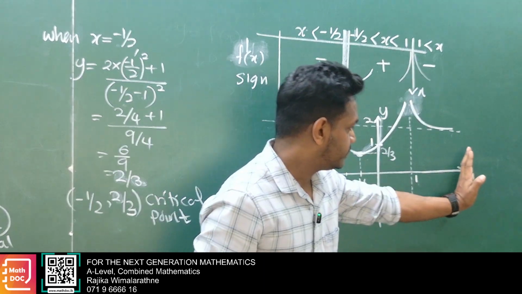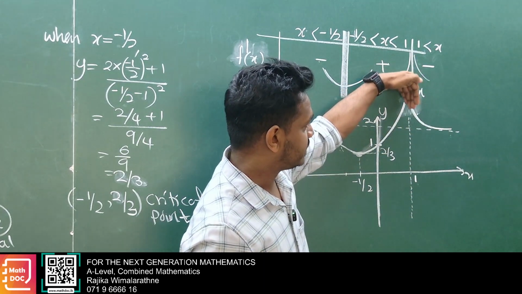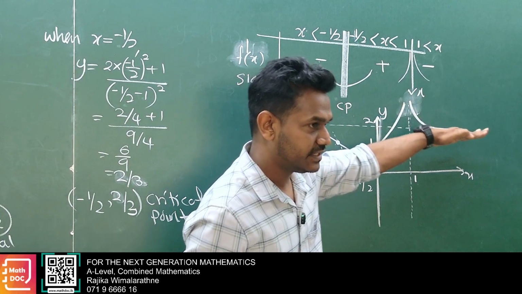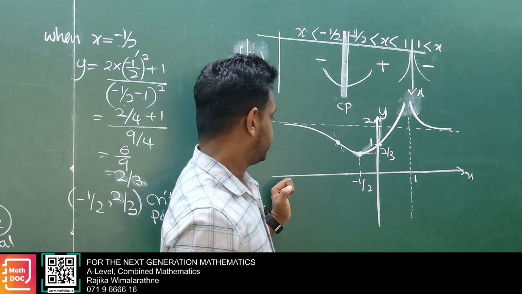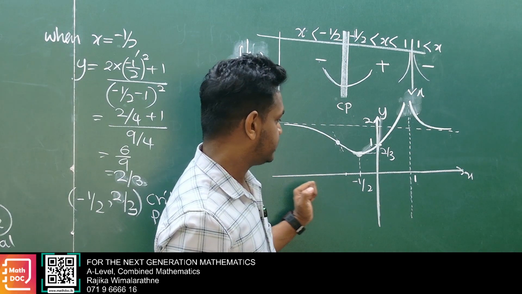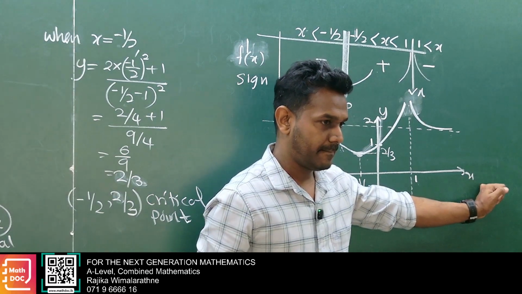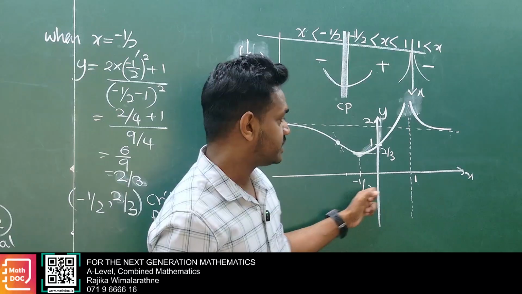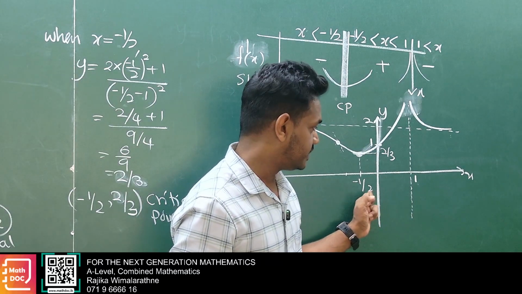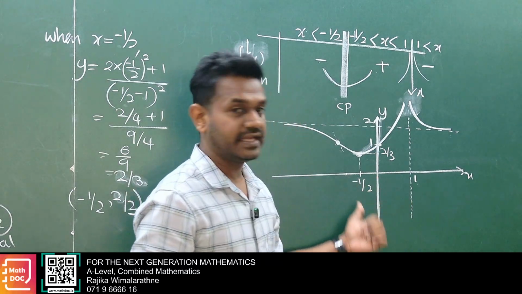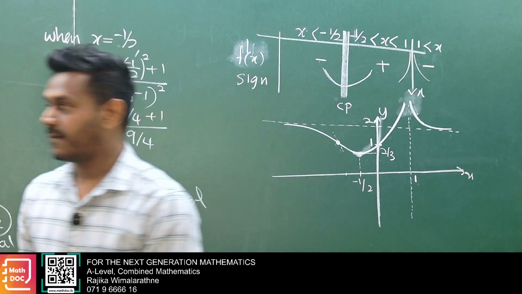Then 1 to infinity, again decreasing. So the decreasing region is minus infinity to minus half and 1 to plus infinity. The increasing region is minus half to 1. So this is our final graph. Complete.